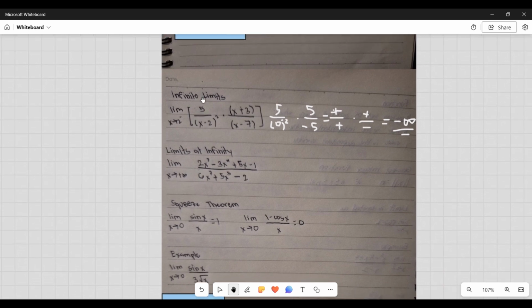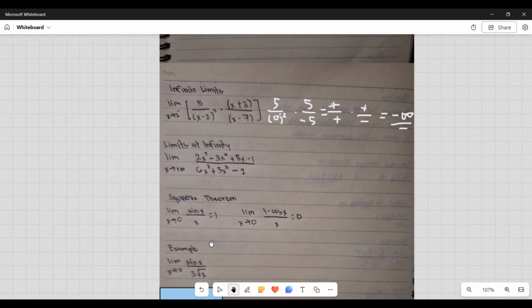Now we have infinite limits, which is here. This is negative infinity. And we have limits at infinity. Those two are different. What we can see here is that we can see the answer right away. We just have to look at the greatest degree of the function. That would be x to the power of 7.